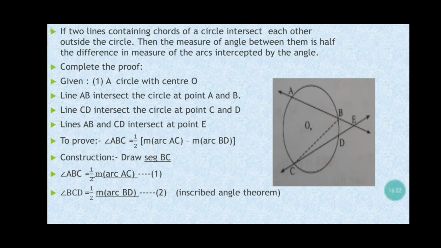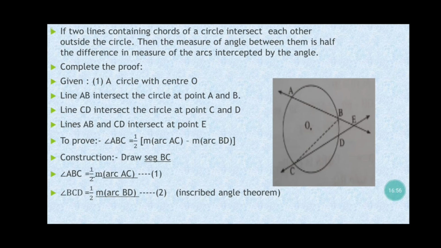So what is the given part? Given part is circle with center O, and ABE and CDE are the two lines intersecting each other at point E, and they are intersecting the circle at points A and C, B and D. Now here, what we have to prove?